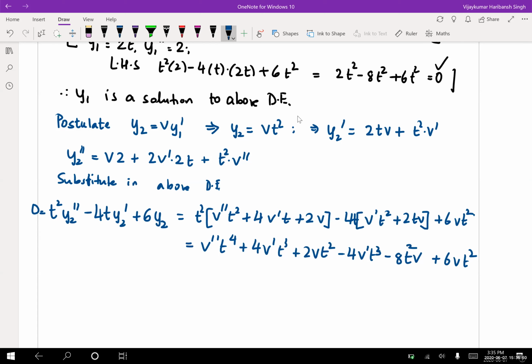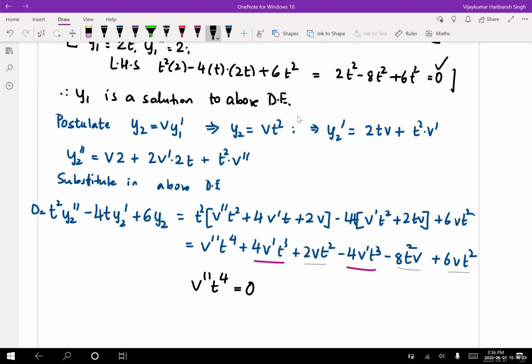The 4 v prime t cubed cancels out with the minus 4 v prime t cubed. For the remaining part, 2v t squared plus 6v t squared becomes 8v t squared, and that cancels out with minus 8tv. So what is really left is v double prime t to the power 4 equals 0.